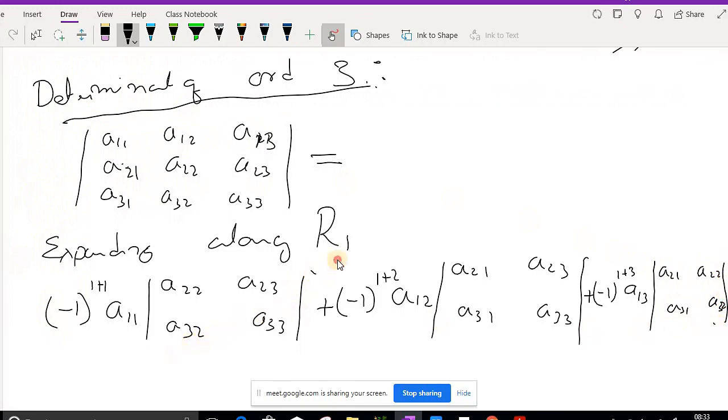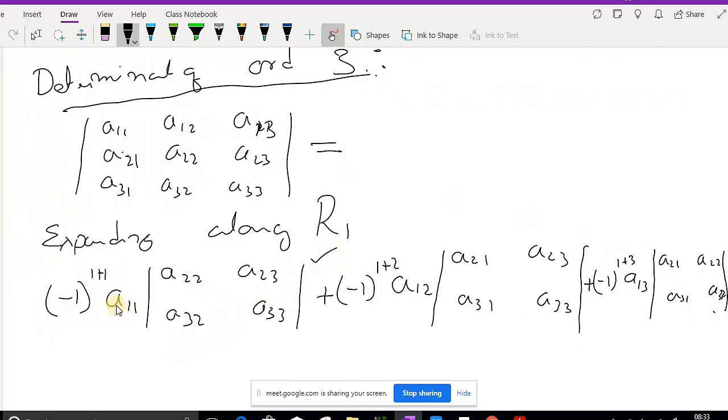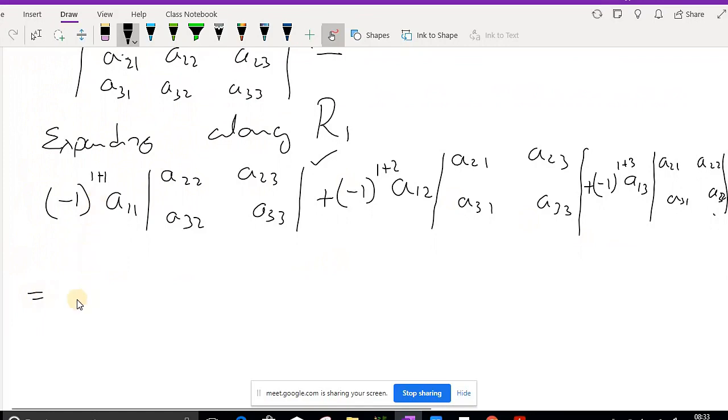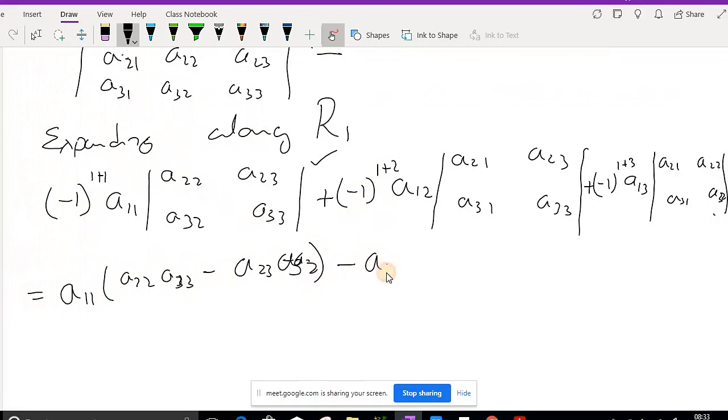Now you know how to find the determinant of order 2, so you use that. Minus 1 to the power 2 is a positive number, so this will be a11 times the determinant, a22 a33 minus a23 a32. Minus 1 to the power 3 means minus, so this is minus a12.